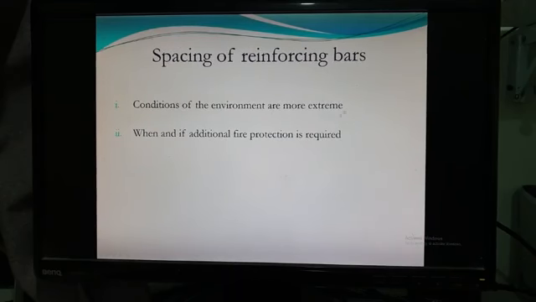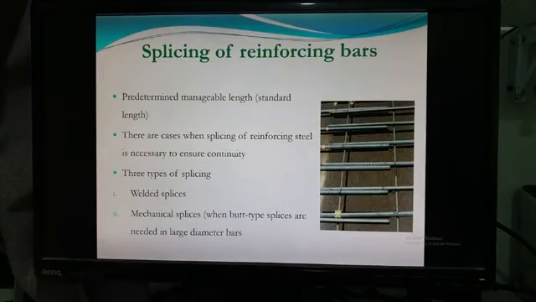So the more extreme the environment is, the more concrete cover we need to provide to the reinforcement. And of course, the issue of fire protection. If you want to protect the steel from fire, you have to put in a lot more concrete cover, meaning that the reinforcement has to be placed deeper into the concrete structure.